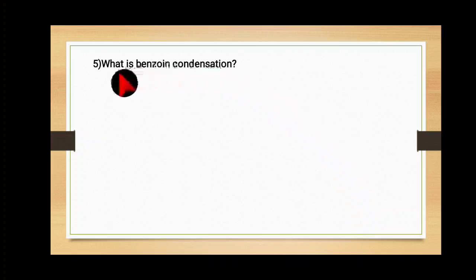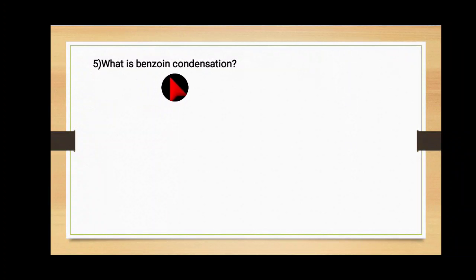Next, question 5. What is benzoin condensation? Benzoin condensation involves the treatment of an aromatic aldehyde with aqueous alcoholic potassium cyanide. The product is an alpha hydroxy ketone.